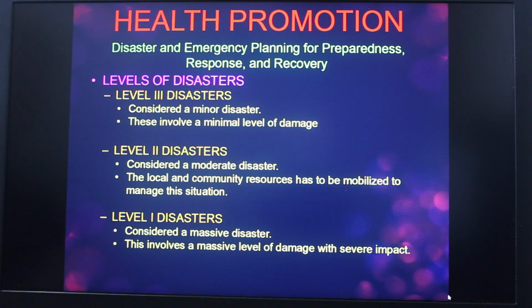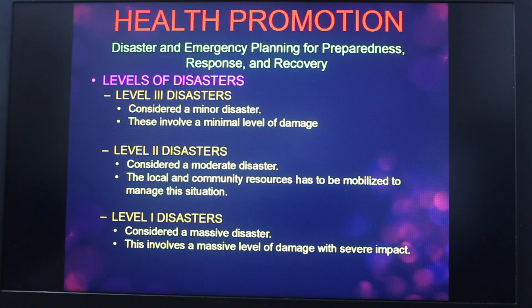If we look at the levels of disasters, there are 3 levels for disaster description, and it goes from 3 to 1, 3 being the lightest and 1 being the strongest disaster. Level 3 disasters are considered a minor disaster.